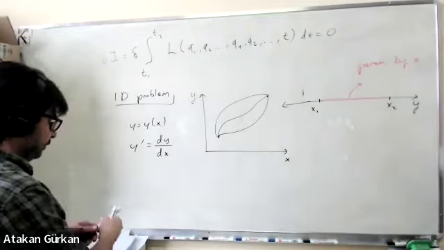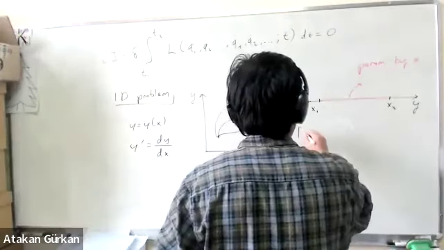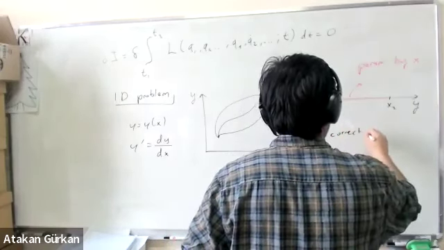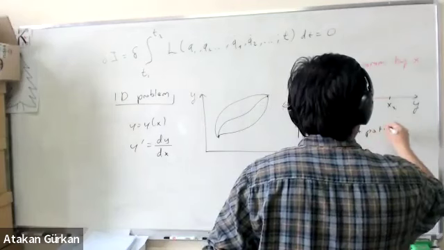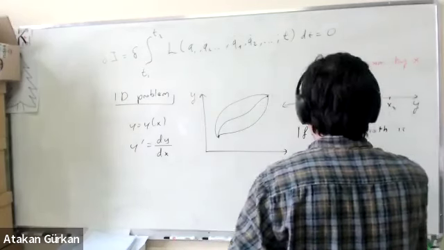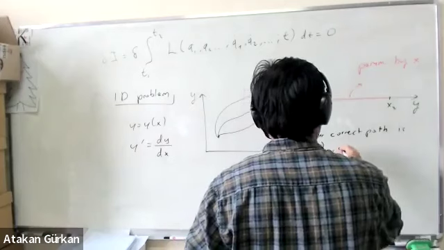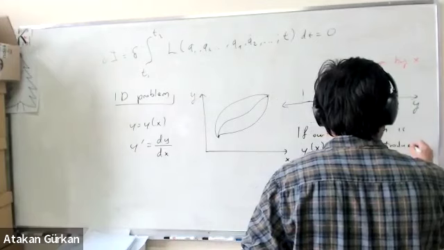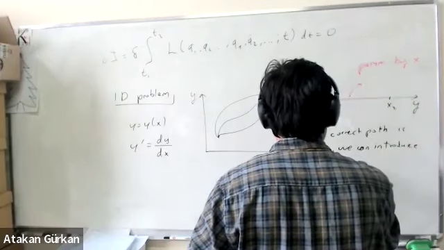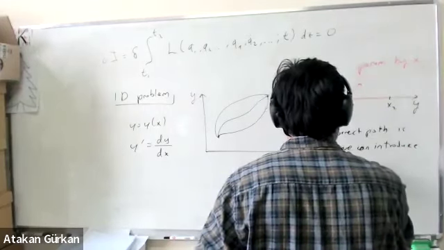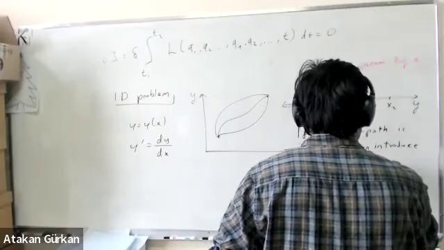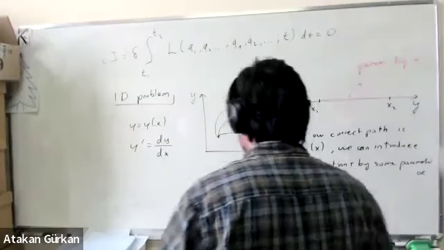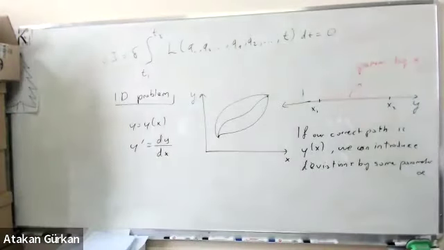Now, if our correct path is y of x, we can introduce deviations by some parameter alpha.